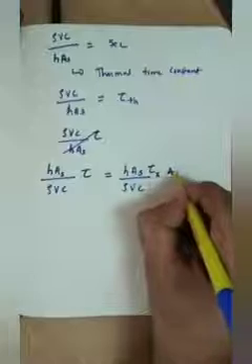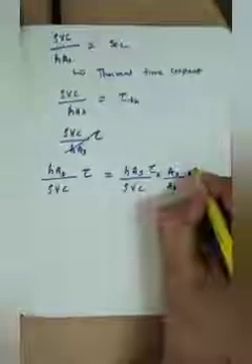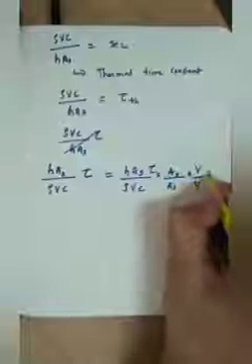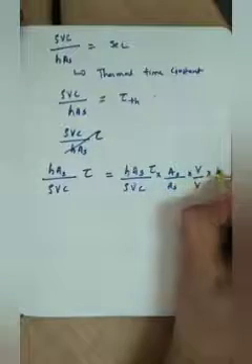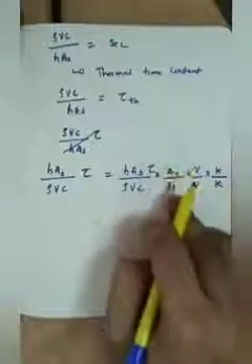Surface area by surface area, volume by volume, thermal conductivity by thermal conductivity. This is just for rearrangement. The value is not varying, multiplying and dividing by the same quantity.